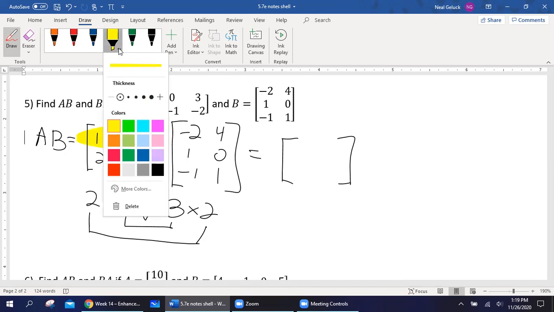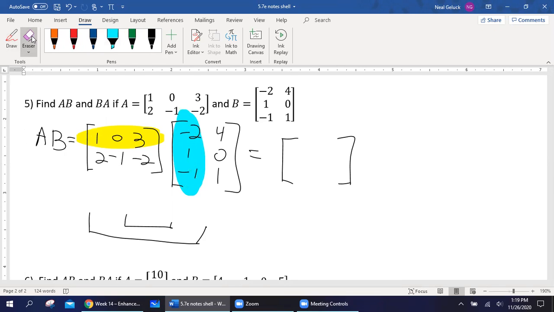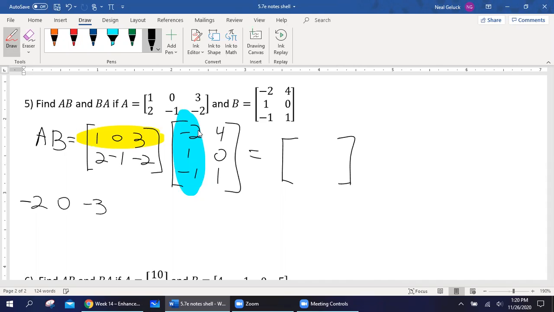Only rows on the first matrix, only columns on the second matrix. And usually when I was doing these matrix problems, there's a lot of numbers written off in the margins. That's the multiplying. So 1 times -2, 0 times 1, 3 times -1. Add those together, I'd have -5.